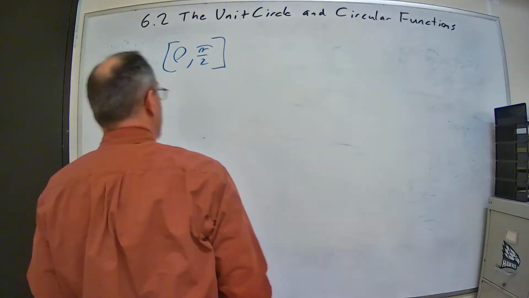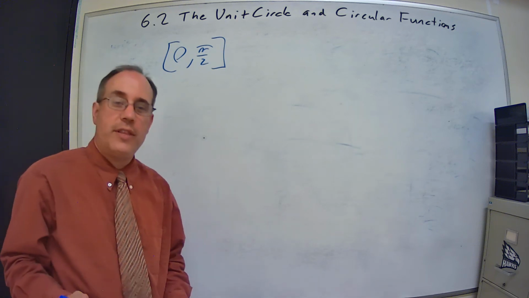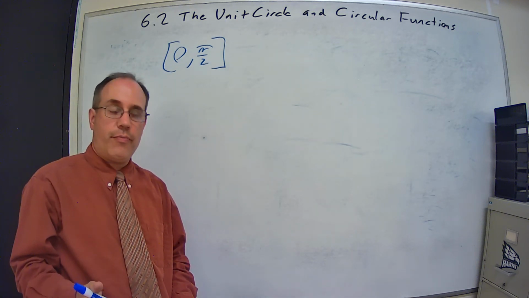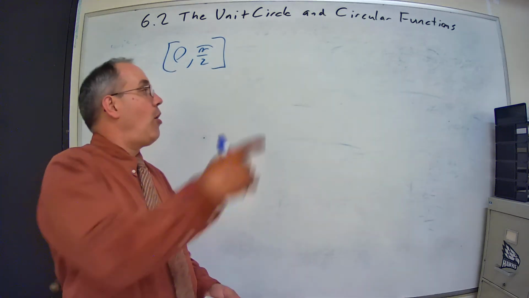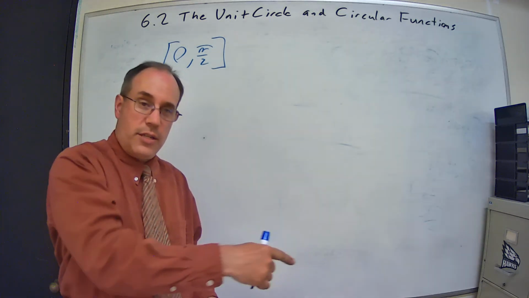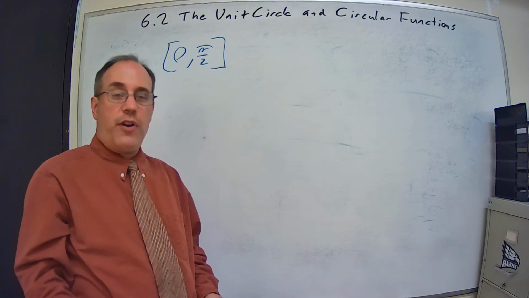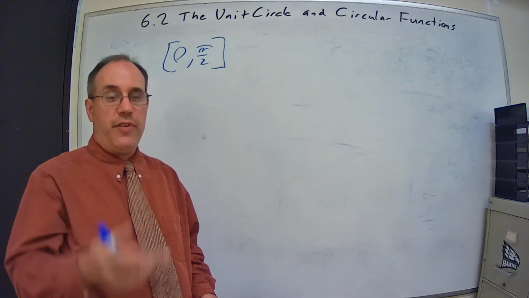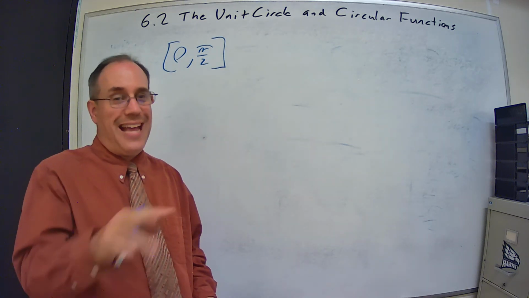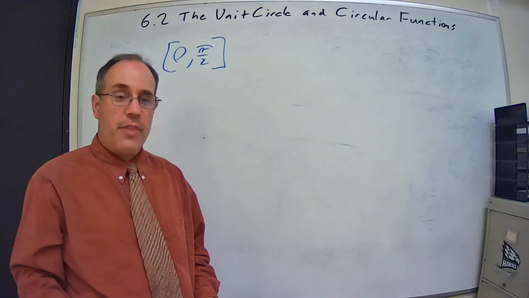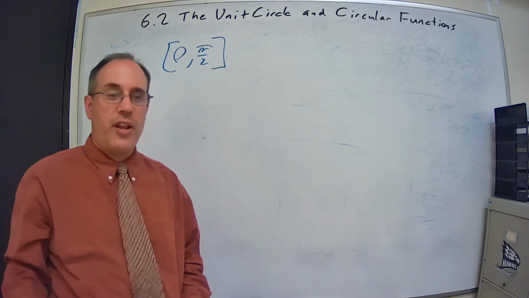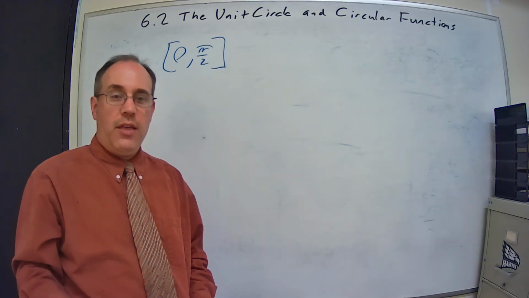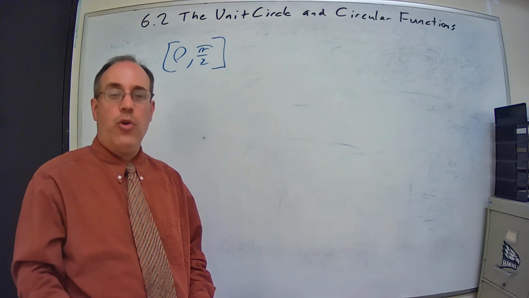And I can do that inclusive. Now, why is it important that I indicate the interval? Because remember, all students take calculus. My trig functions are going to be positive in 2 of the quadrants and negative in 2 of the quadrants. So if I don't state which quadrant I'm in by giving this interval, then we don't know which value to use.